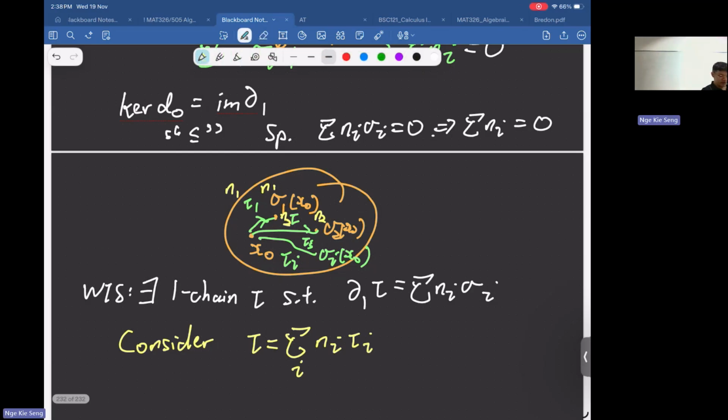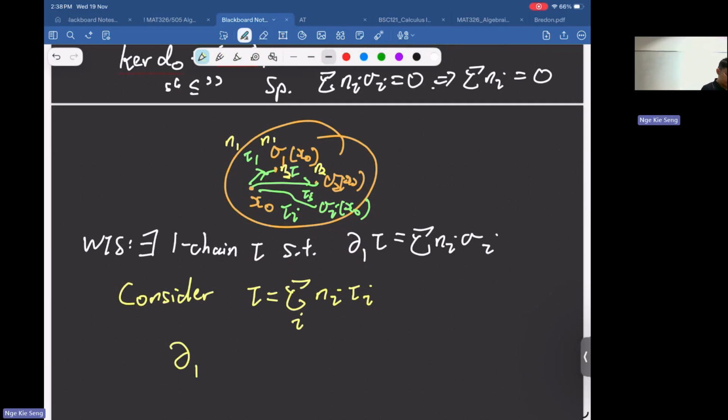So if you apply partial 1 to tau, what do you get? You are taking the endpoint minus the starting point. So let's say V0, V1.